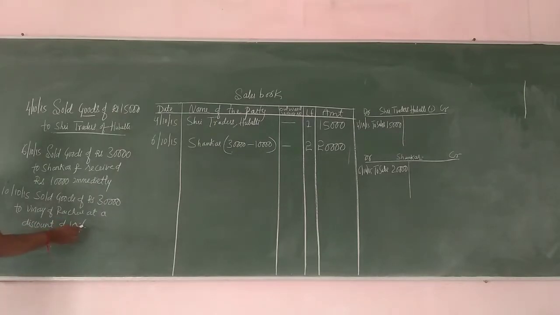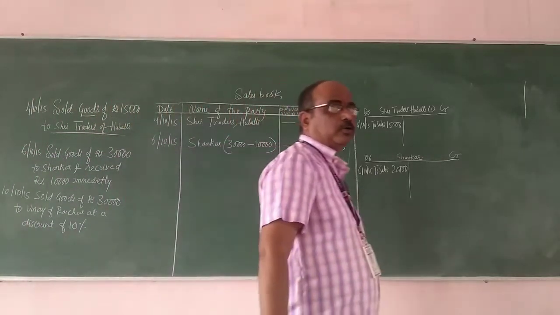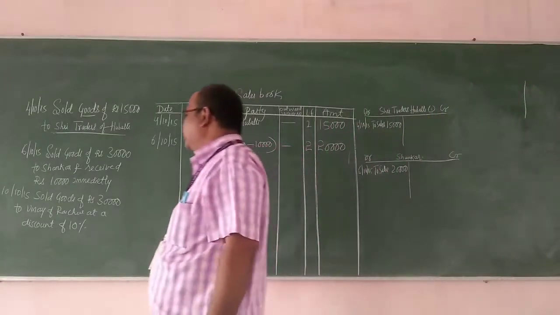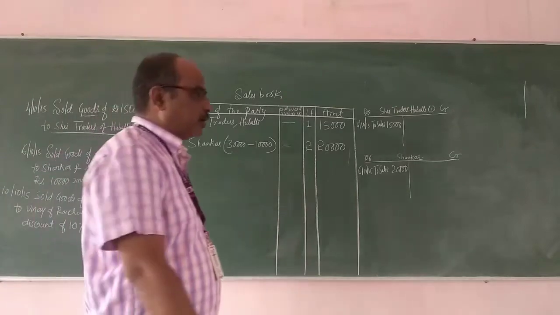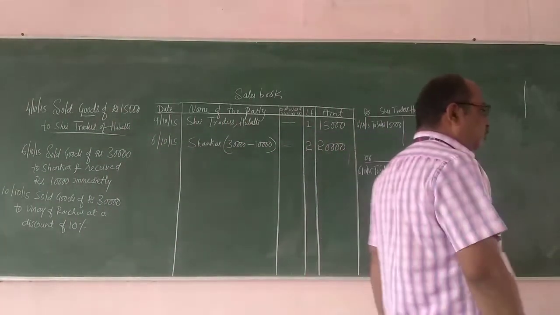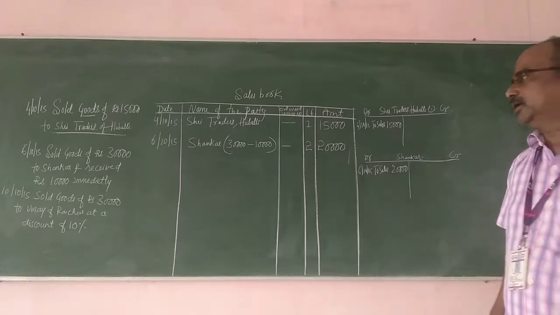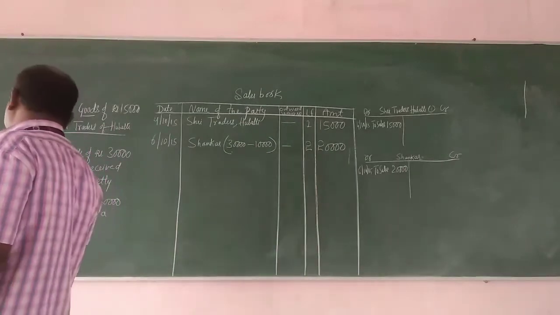At a discount of 10%. So here in this transaction, we have sold goods of rupees 30,000 to Vinay of Raichur on credit at a discount of 10%. It means that for 30,000, if you calculate the discount, it will be 3,000 at 10%. 30,000 into 10 divided by 100.